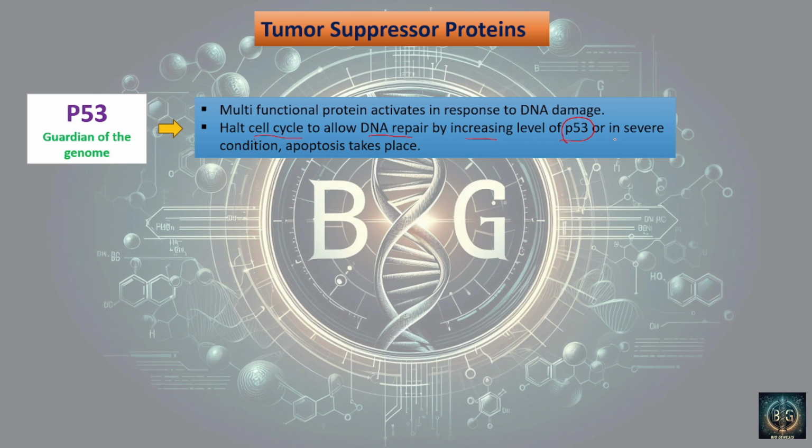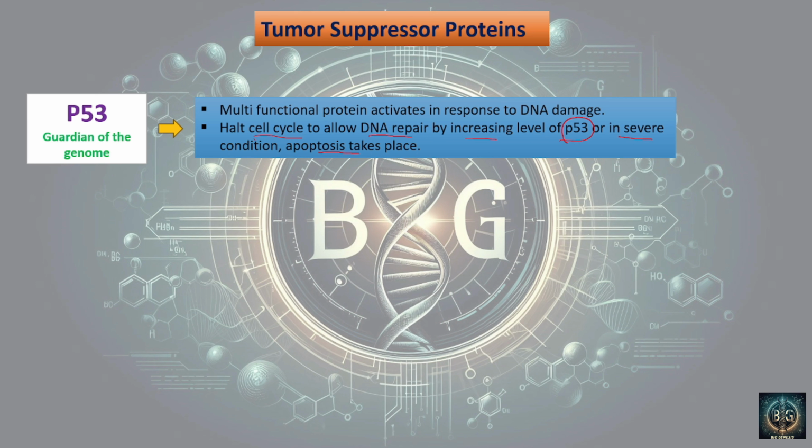If there is no chance for DNA damage repair, in that case apoptosis takes place. In response to DNA damage in mammalian cell, arrest at G1 phase occurs by this P53 protein.